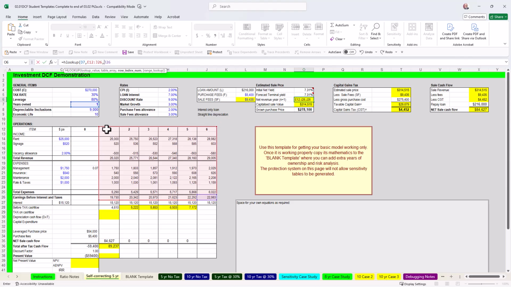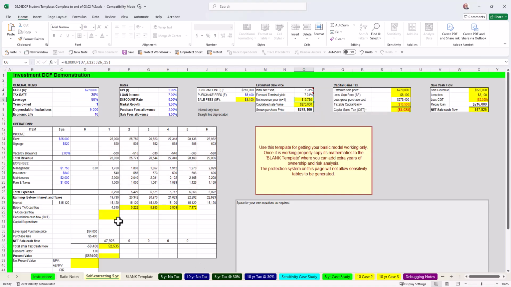Here it's 1, 2, 3, 4, 5, 6, 7, 8, 9, 10, 11, 12, 13, 14, 15. And so this number here needs to be 15, and hopefully that will bring back the right answer.